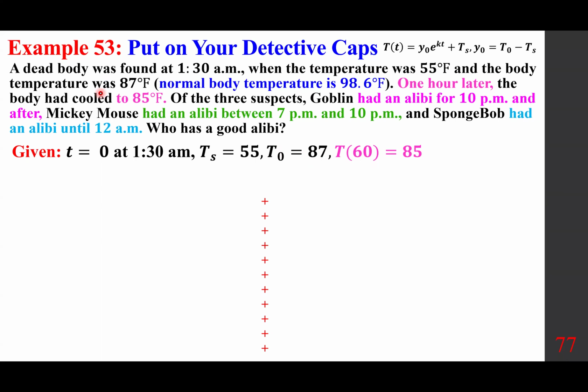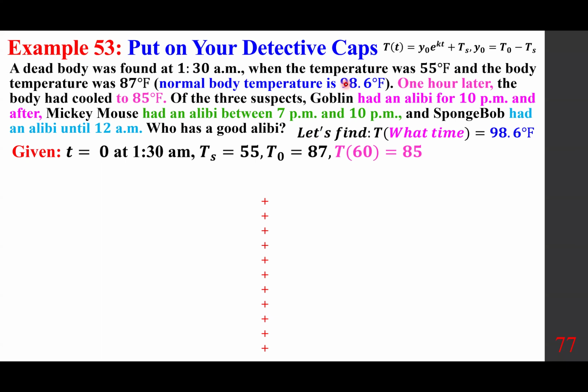What should we do? We have to calculate at what point in time the temperature must have been 98.6 degrees Fahrenheit, and that will help us find who is guilty.